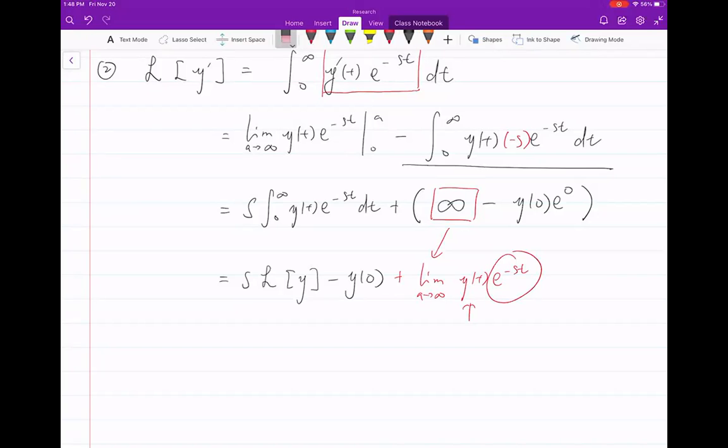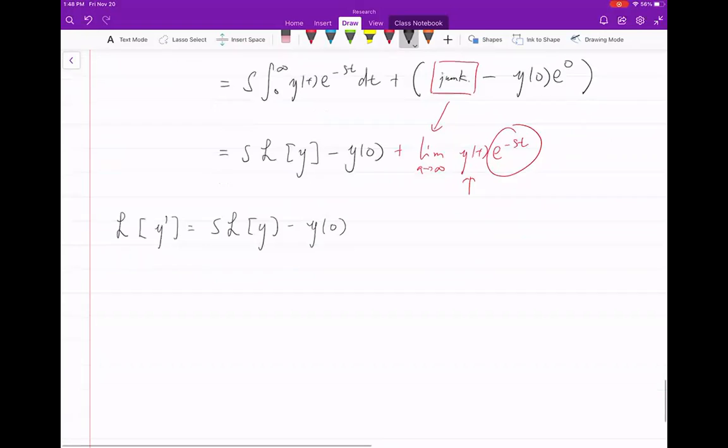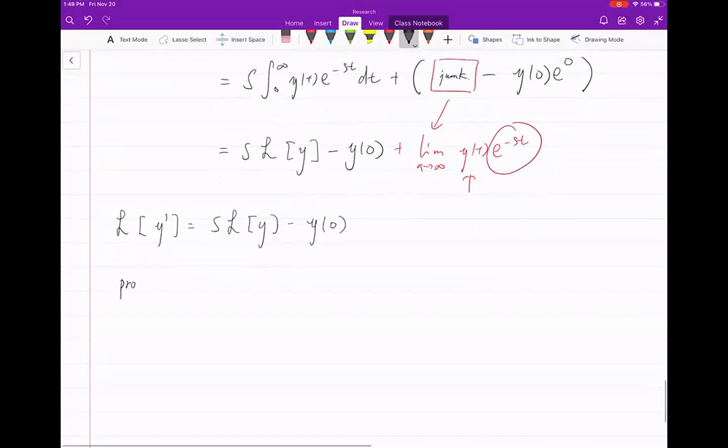So now I think I can write down what's going on. I shouldn't call this infinity. I should call it junk. Okay, so basically L of y prime actually equals s Ly minus y(0), provided that this goes to 0.